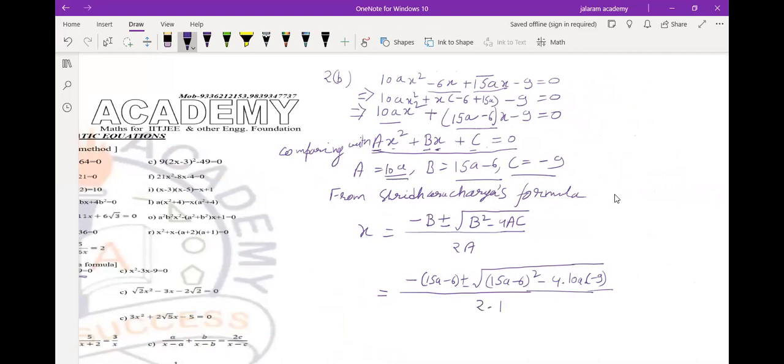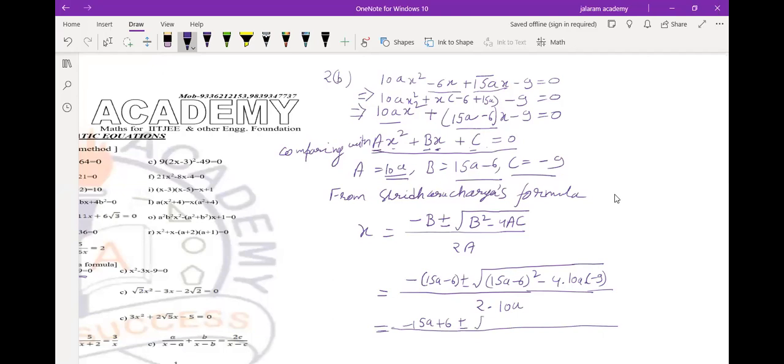The value of a is 10a. Equals, always apply this equal to sign, then draw the division line of the fraction. Then minus 15a plus 6. Is that clear to you?